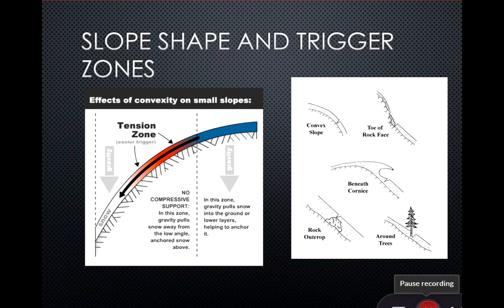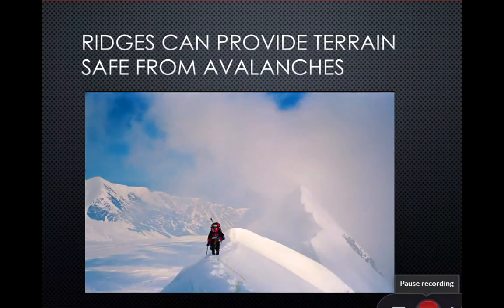So we've talked about different terrain features, but one of the things that's really important to realize about terrain is that we can use terrain to help mitigate our avalanche risk, and we can also use it to stay out of avalanche terrain altogether. If we're on a ridge top, sometimes that can provide terrain that's safe from avalanches.